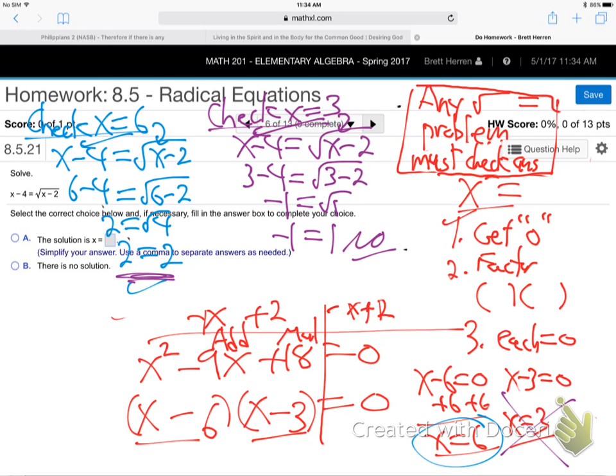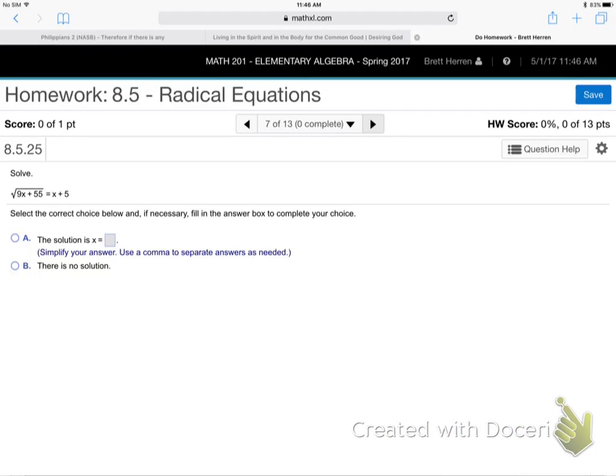One good idea is, as soon as you get the test in your hand, look through it real quick. Any problem with a square root and an equals, put a C next to it to remind yourself to check when you get to the answer. There's 2 of these, so if I get those right, I'm not worried about the test.